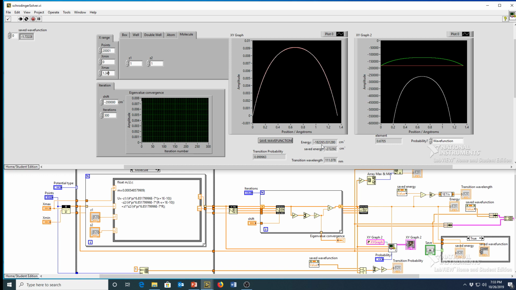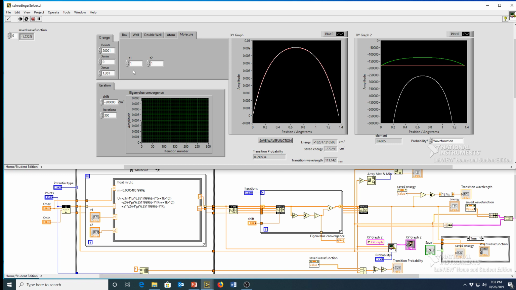Still getting lower. Oh, we're close here. Yeah, now we're going back up again. So somewhere around here, 1.3 something Angstroms seems to be a reasonable bond length for a molecule.